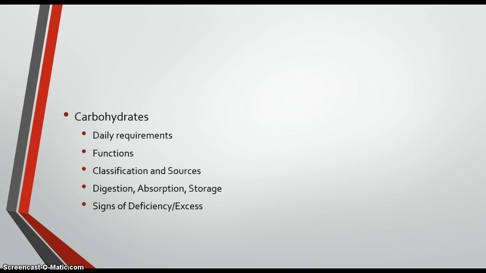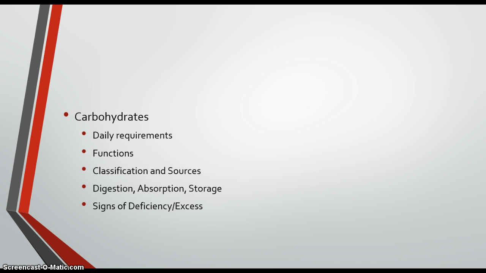Glucose metabolism depends on the availability of insulin. So think about this. Glycogen is a carbohydrate. It's used as a reserve between meals to maintain that euglycemia, that normal blood sugar level.